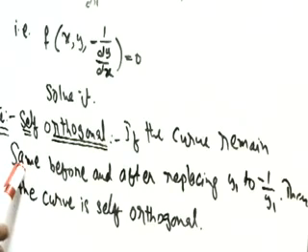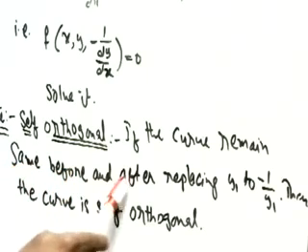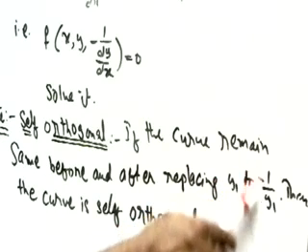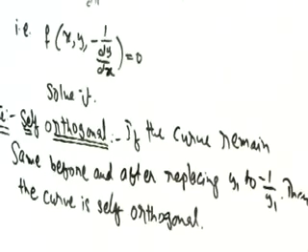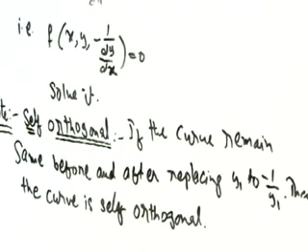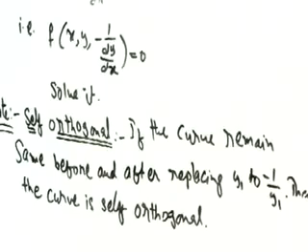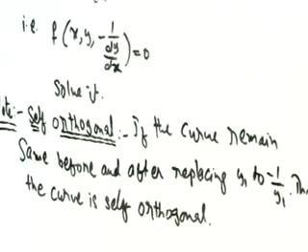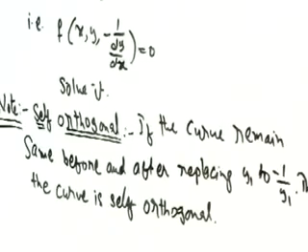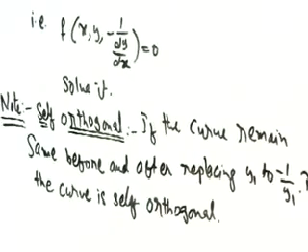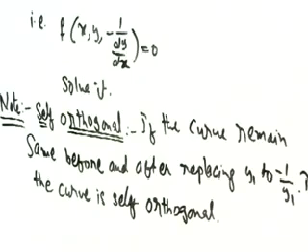If the curve remains the same, unaltered, before and after replacing y1 by minus 1 by y1, then the curve is self-orthogonal. So just revise this, write the method on a paper, and revise it.